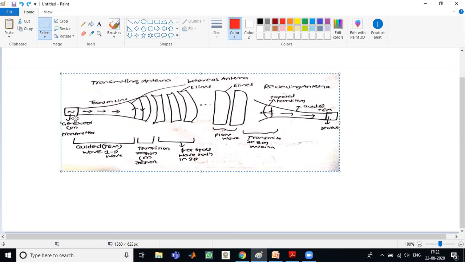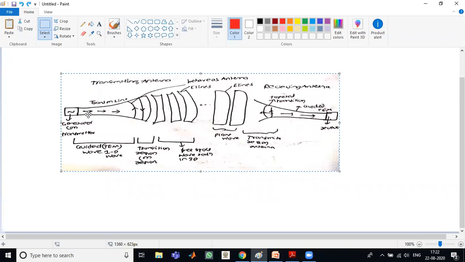Now, the transmitting antenna consists of a generator or a transmitter, that is a power source from which the waves travel into the transmission line.